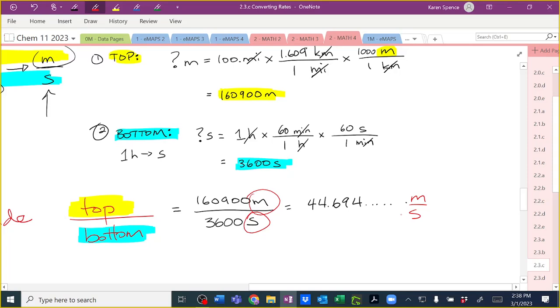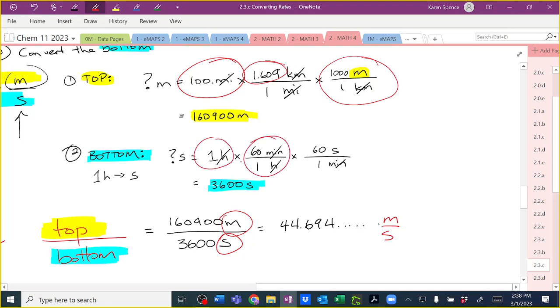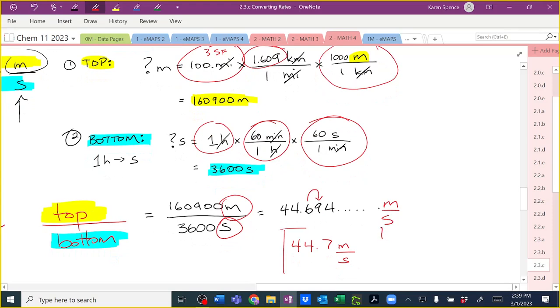And we still have 3 sig figs, because if we look at all of our numbers, the 100 miles, 1.609, 1,000 meters per kilometer, 1 hour, 60 and 1, 60 and 1, all of those have infinite sig figs except for the 100 miles, which has 3 sig figs, and the 1.609 kilometers, which has 4 sig figs. And so our answer would still have to have 3 sig figs, which would give us 44.7 meters per second, and you are done. So if you prefer that method, that also works very nicely.